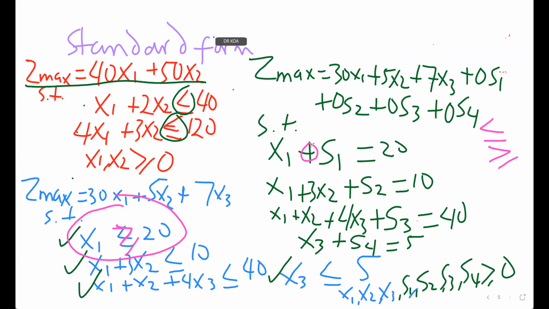No, the slack will be minus s1. So if there were a greater than or equal to sign, the slack would be minus s1 equal to the other number. That is how you're supposed to generate the standard form from a non-standard form.